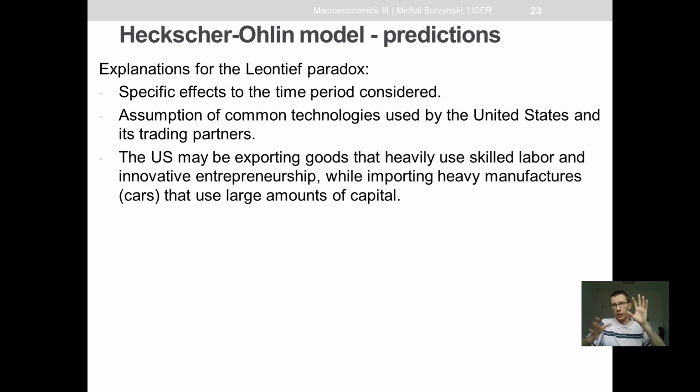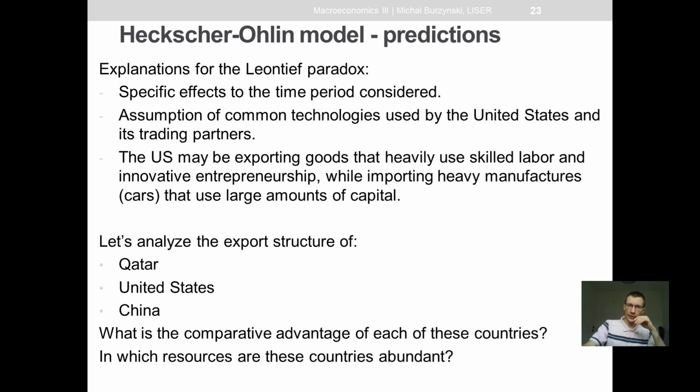That is why those countries are trading and exporting those goods which use factors in which those countries are relatively more abundant, and this gives them the comparative advantage in exporting those goods because the relative prices of those particular factors are cheaper, are lower. So once again, we go beyond the standard capital labor division in interpreting this Leontief paradox.